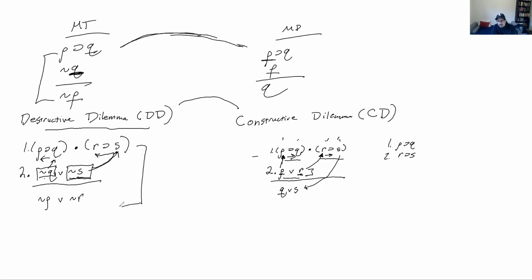How many rules do we actually need to prove an argument? Probably, I don't know, 3, 2, 1 maybe. And they're all sort of variations of complex structures.